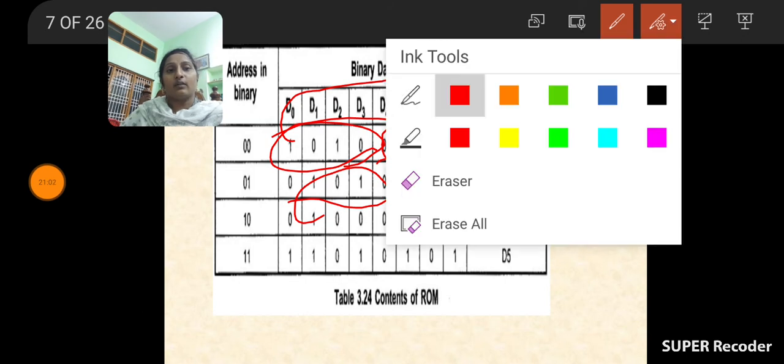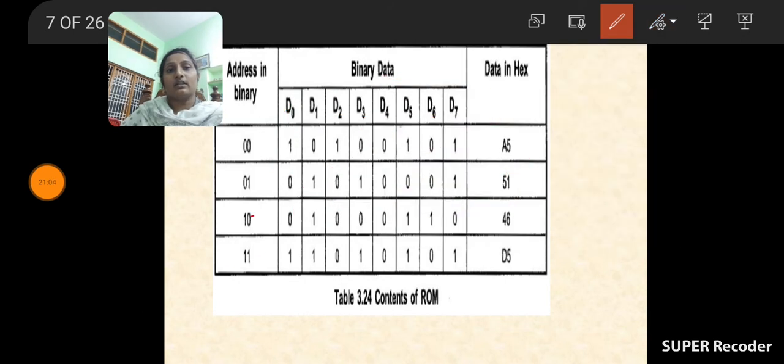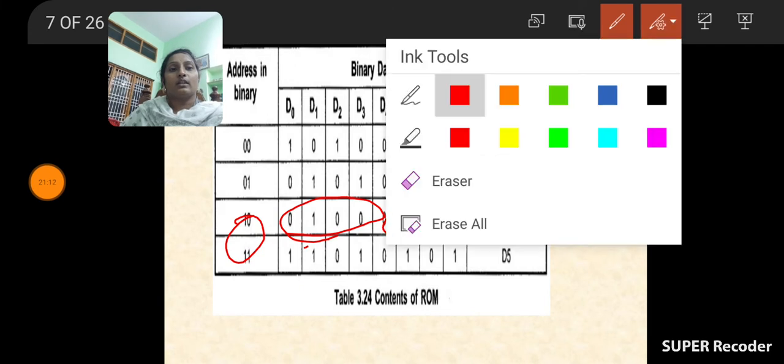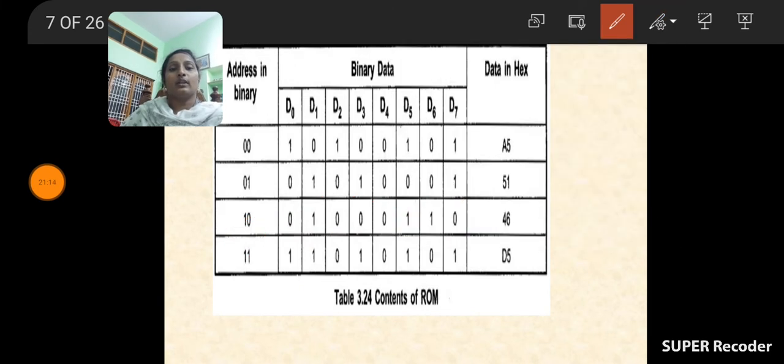And if we apply 1 and 0, we get 0110, that means 6. And if we apply 1 and 1 across the selection lines, 1101, that is D. D means what? 13. And next 0101 is there, and that indicates 5.